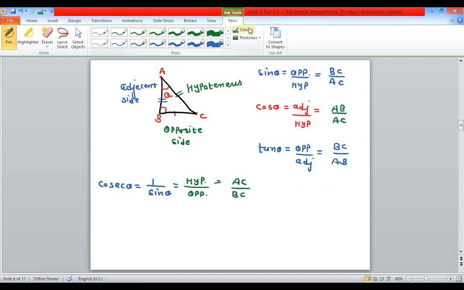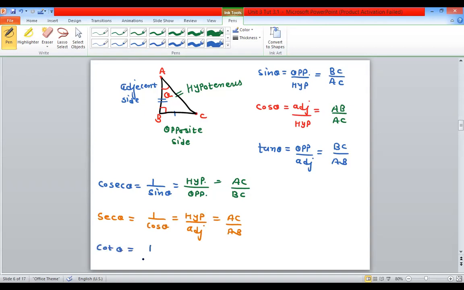Now the another formula I'm writing here. The sec theta is the reciprocal of the cos theta, and the reciprocal of the cos means hypotenuse upon adjacent. That is AC upon AB and so on. The last thing is cot theta.